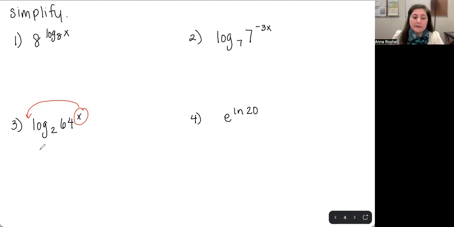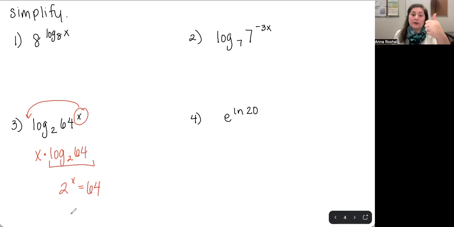So I'm going to take x times log base 2 of 64. Now, when they're asking me to simplify it, they're saying that this actually has a solution. So in my mind, I'm thinking 2 to the what power is 64. And I know that 2 times 2 times 2 times 2, right?